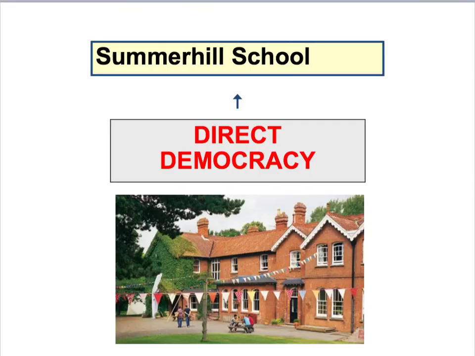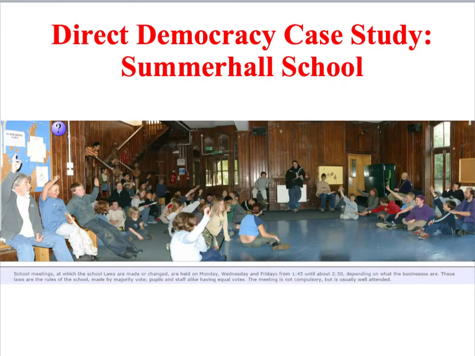The other case study of a community based on the principles of direct democracy that we'll explore in more detail in class is the example of Summerhill School in Suffolk. This is a school where lessons are optional, where exams are optional, where children have the right to play all day if they want to, and it's also a school that is run as a direct democracy. So what you can see in this picture is the school meeting.